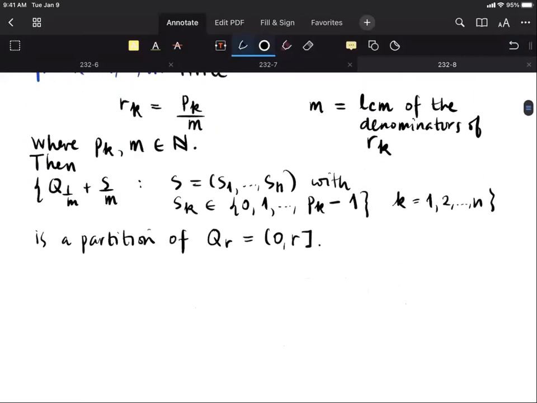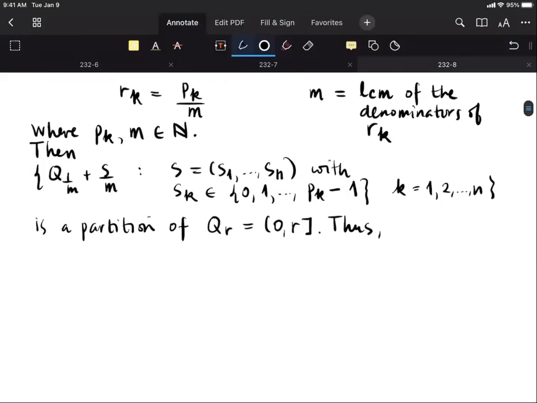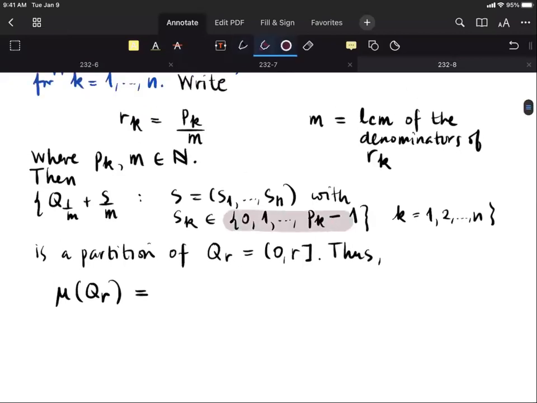So again, applying translation invariance, a similar computation as before. So mu of, let's say, QR would be, so we just need to count the number of tuples satisfying these properties.